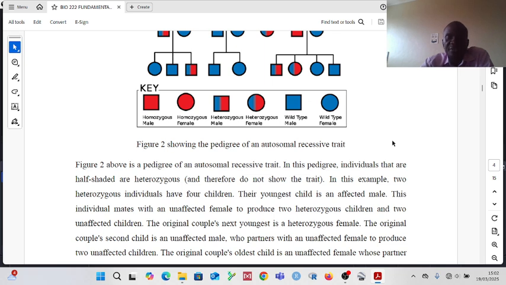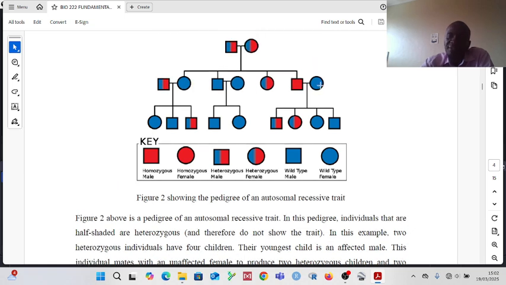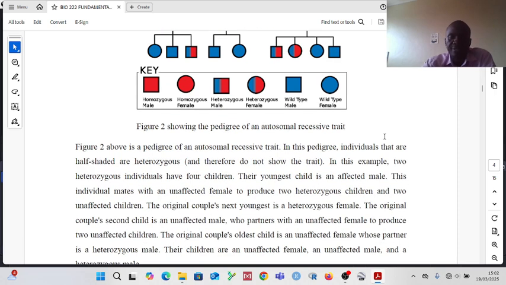The original couple's next youngest is a heterozygous female. So when you go this way, this affected male was paired with a female who is not affected, and together they produced 2 heterozygous children, 1 male, 1 female, and 2 normal children, 1 female, 1 male.